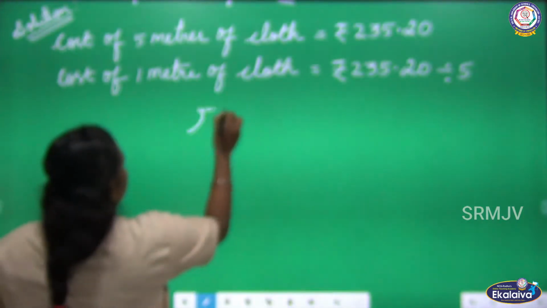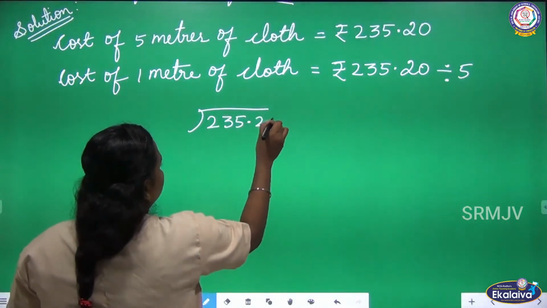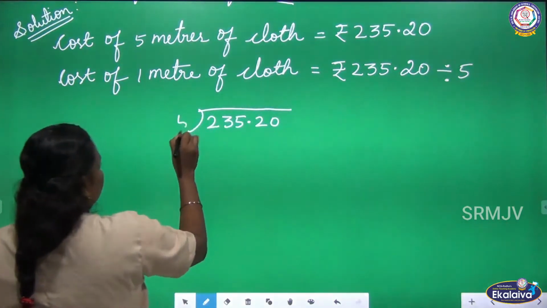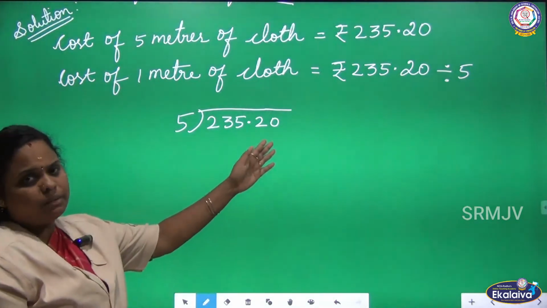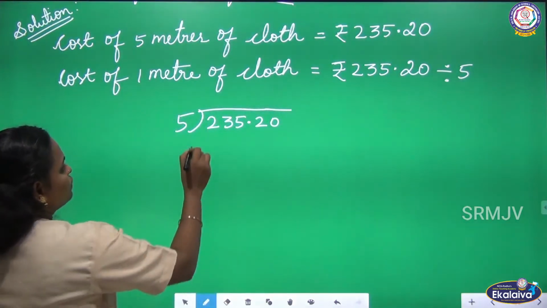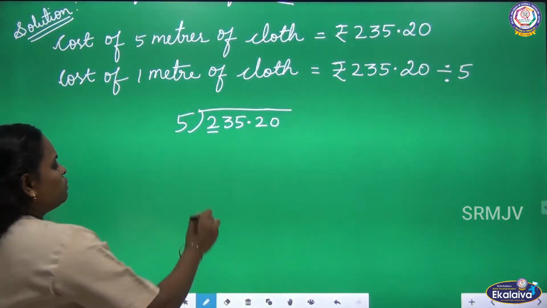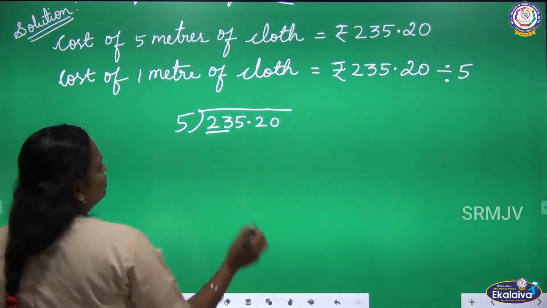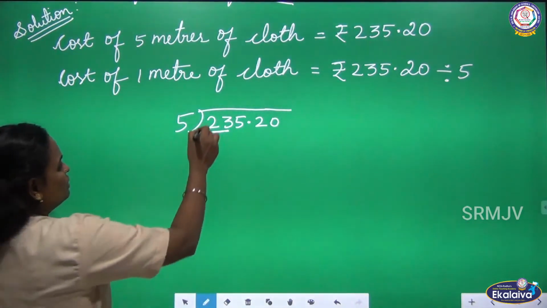So listen, 235 rupees 20 paise divided by 5. So 5 is the divisor, 235.20 is the dividend. So if you divide, 2 is less than the divisor. So we'll take 23. How many times, children, in the 5 table? 5 fours are 20.